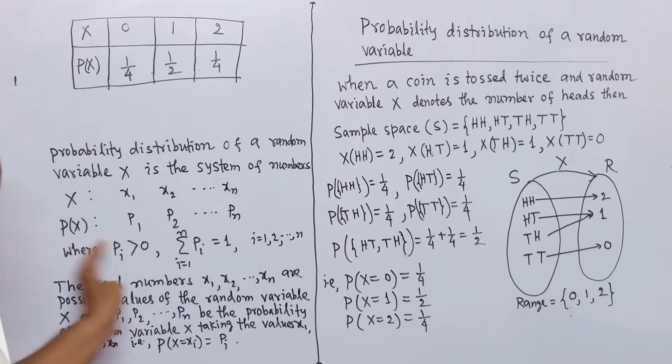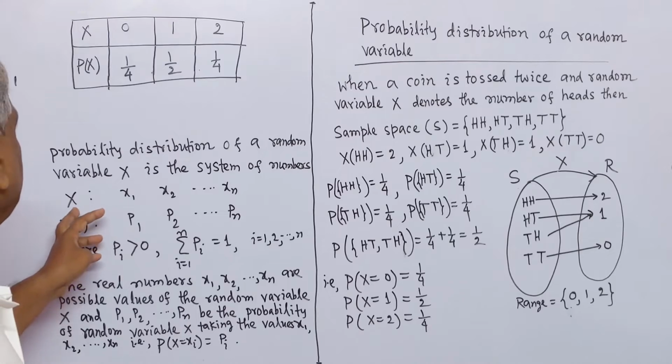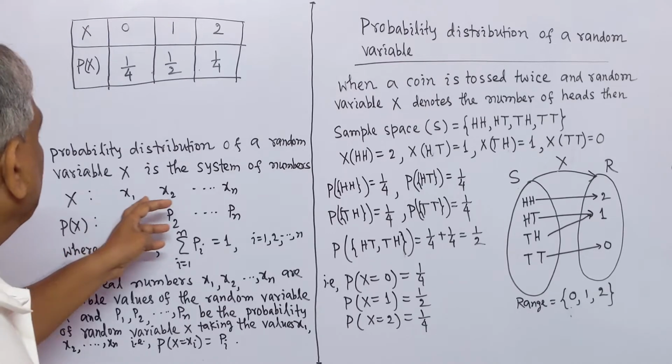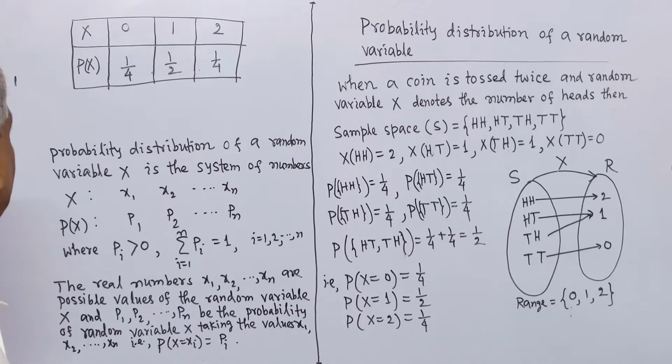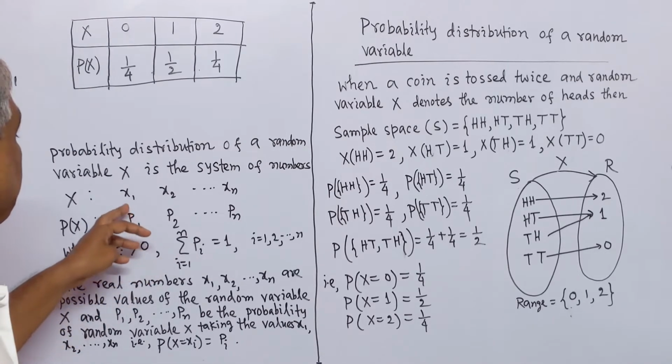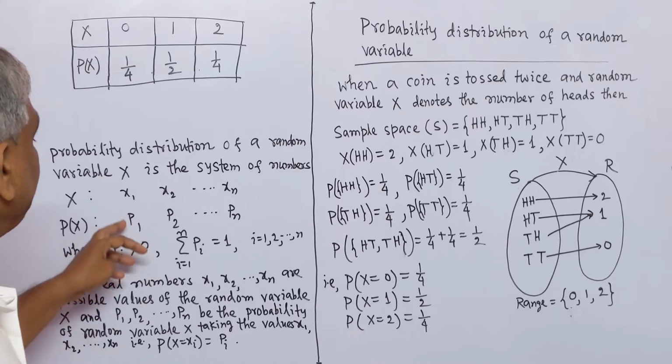We arrange this table: in the first row we have the values of the random variable, and in the second row we write the corresponding probabilities.